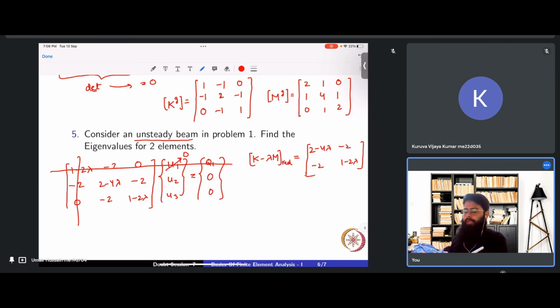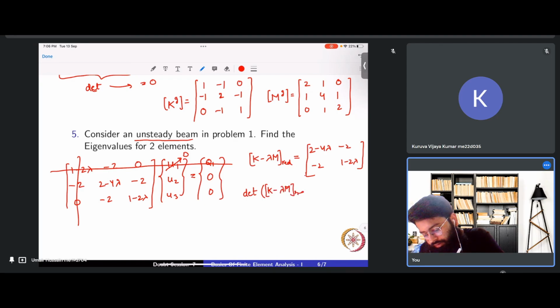So in order to get the lambda values, what we need to do is get the determinant of this reduced K minus lambda M, right? Then equate it to 0.